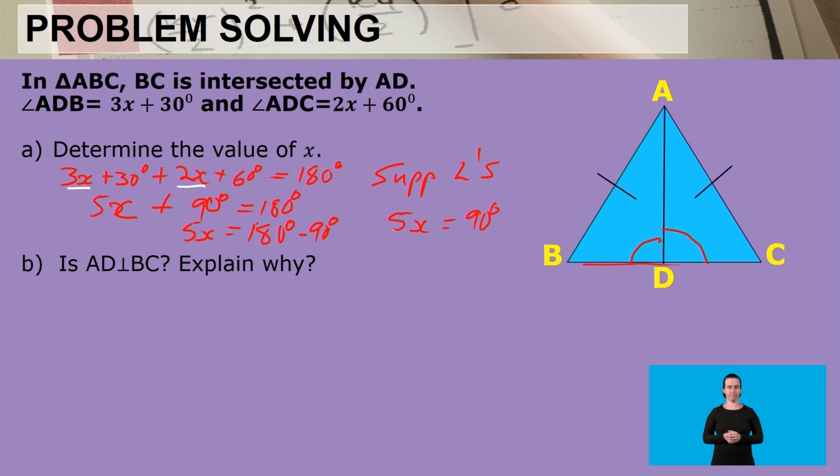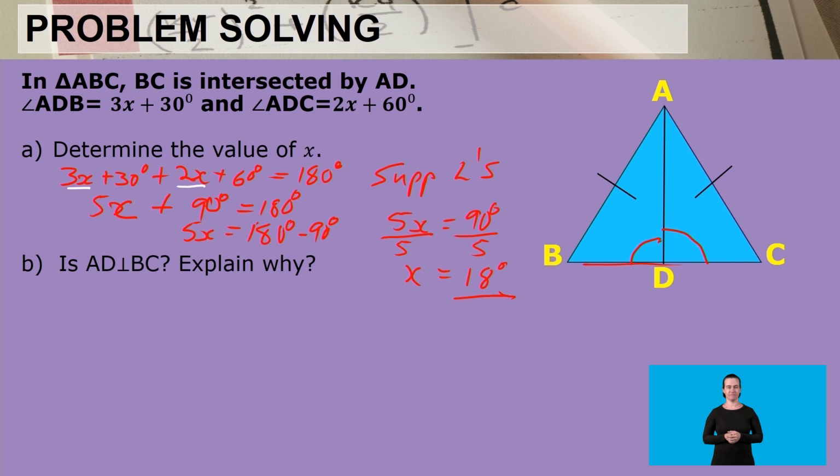The multiplicative inverse of 5 in this case is a fifth, and therefore we divide by 5 on the left and divide by 5 on the right hand side as well, such that x equals 18 degrees. Yes, 90 divided by 5 is 18 degrees.